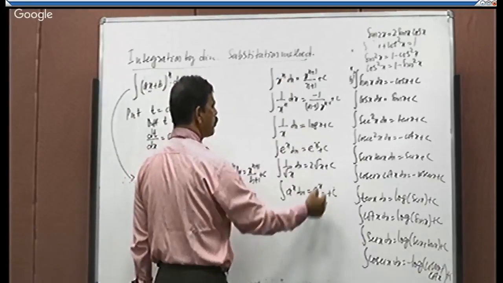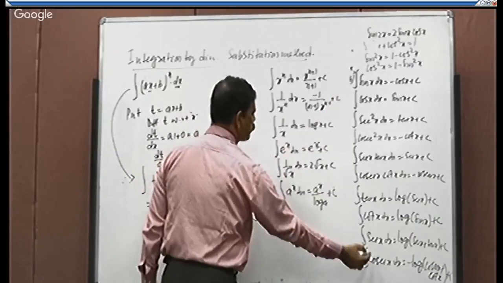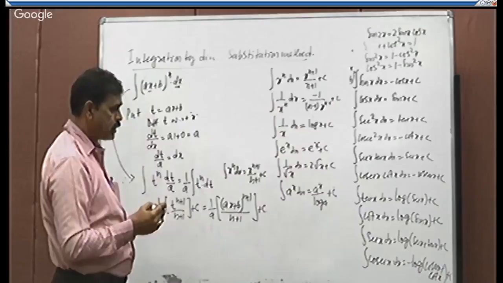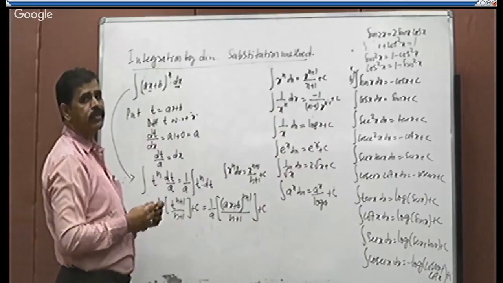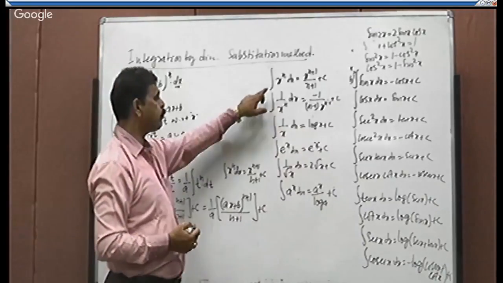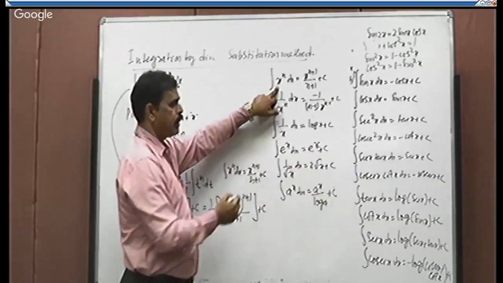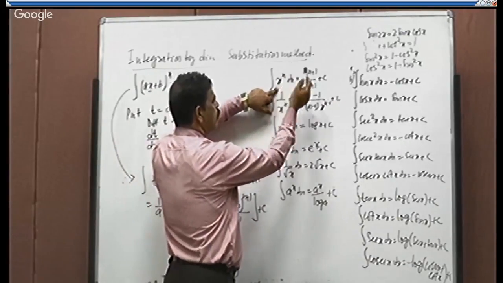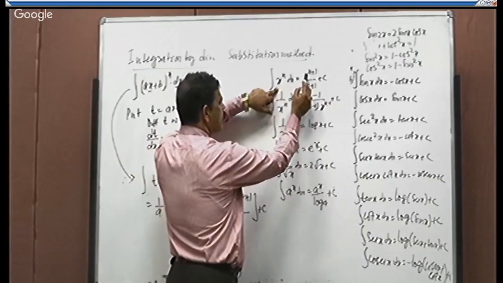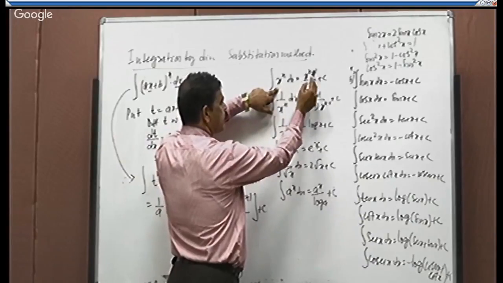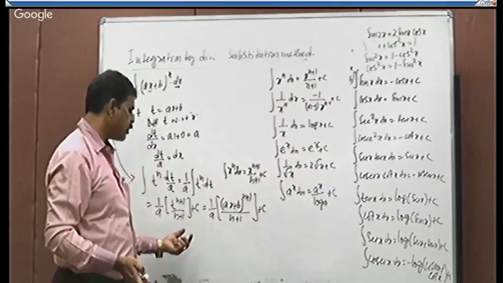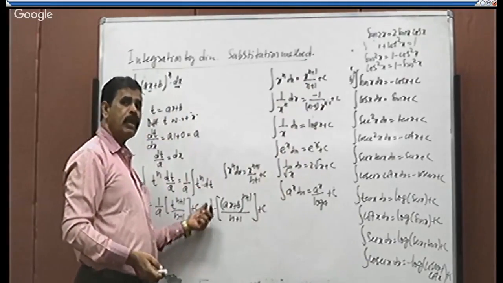See, in all these formulas, just replace x by ax plus b. In the left side, it is replaced by ax plus b. What happens to the right side? It also becomes x replaced by ax plus b. We need to write an extra term. That extra term is 1 by a. What is a?